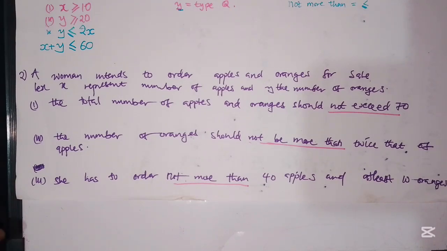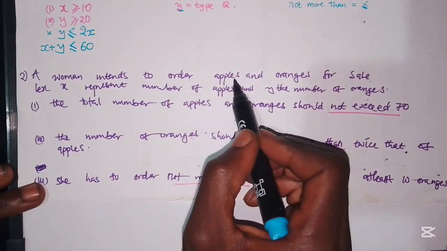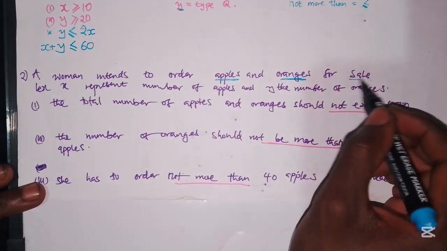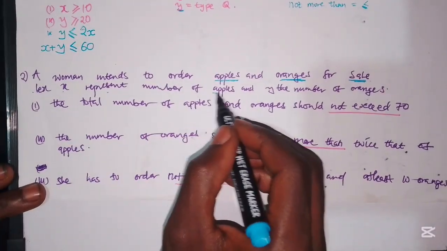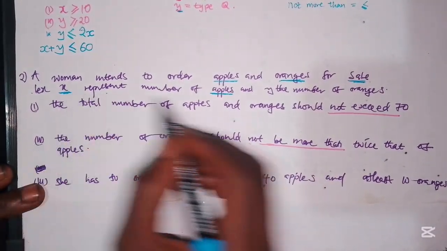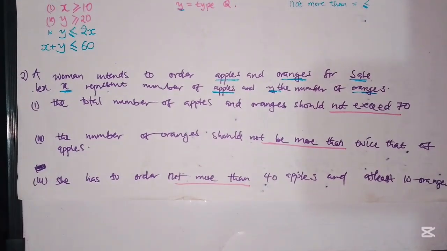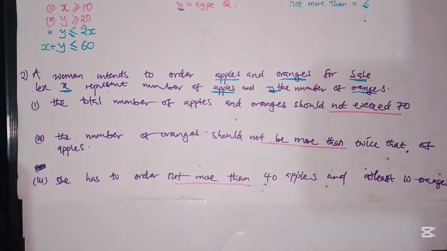Question 2 is saying a woman intends to order apples and oranges for sale. Let X represent the number of apples and Y the number of oranges. Remember, I told you the first thing you need to do before you start solving is write what x and y should represent.